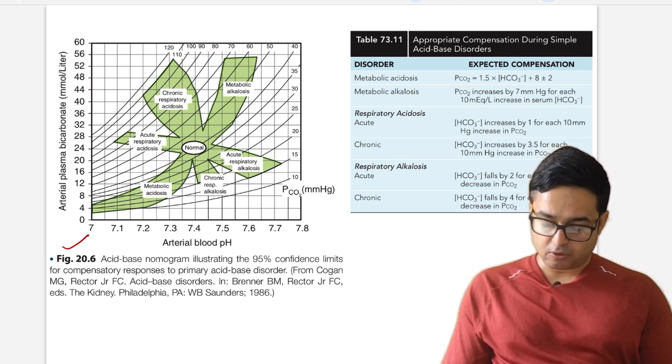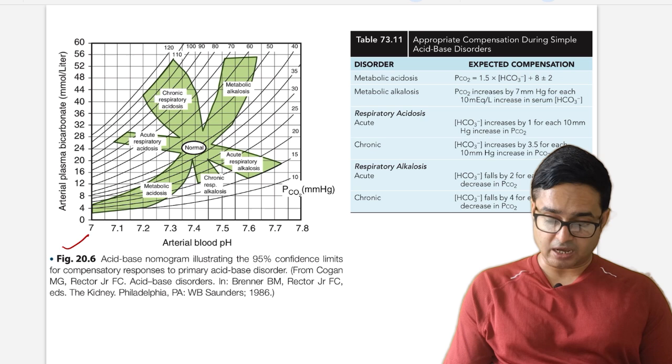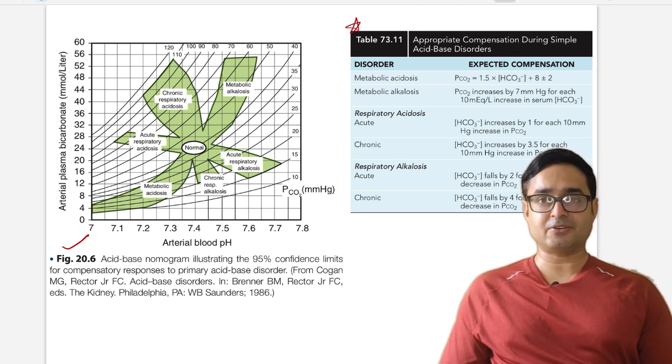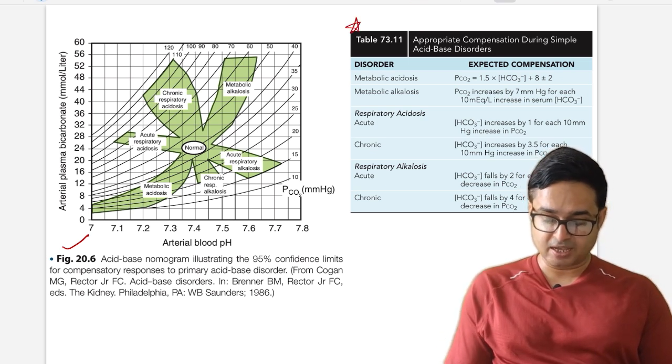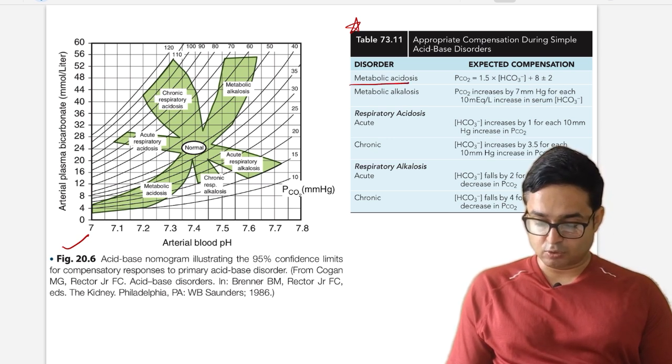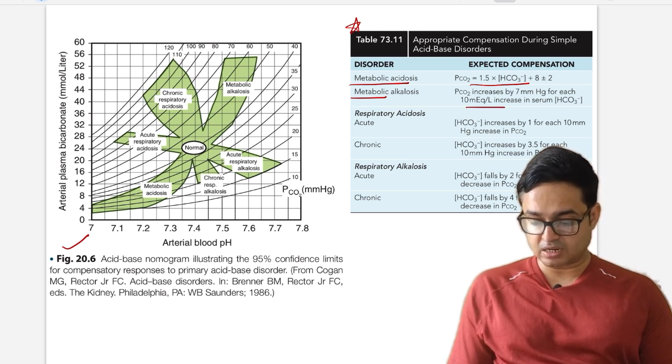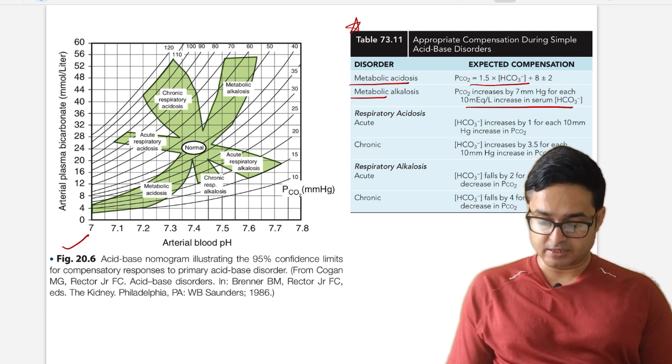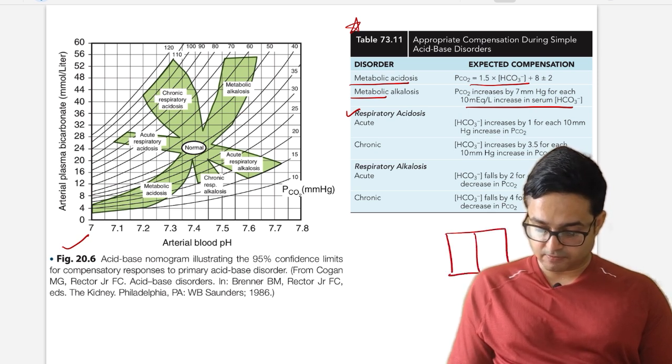Okay, all you are aware of compensation. I hope if you are doing pediatrics or are pediatric graduates, this is an important thing. So for compensation in metabolic acidosis, the formula is PCO2 equals 1.5 into bicarb plus 8, plus or minus 2. In metabolic alkalosis, PCO2 increases by 7 for each 10 milliequivalent per liter increase in serum bicarb. Along with respiratory acidosis, acute and chronic, you have to remember this. I just remember this like 1, 3.5 and 2 and 4.